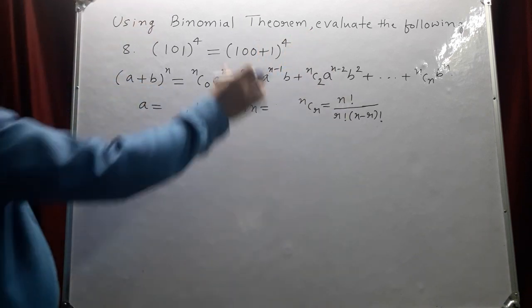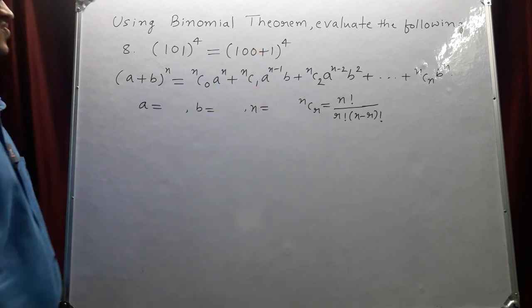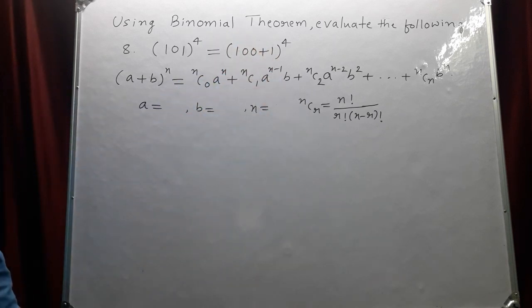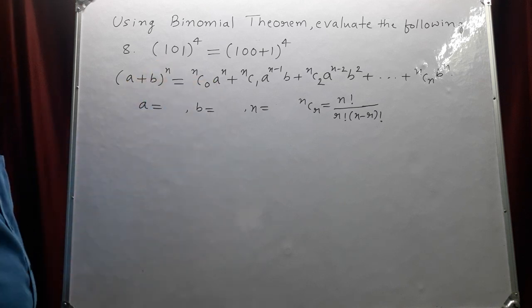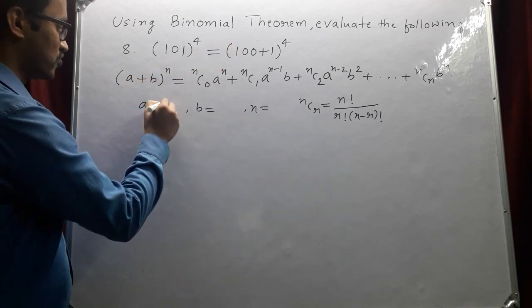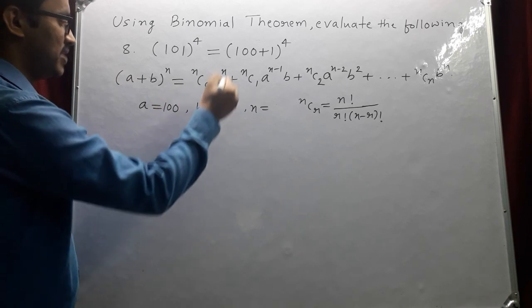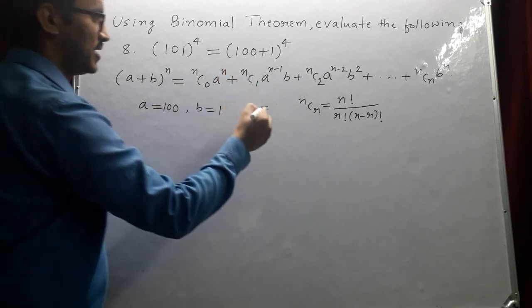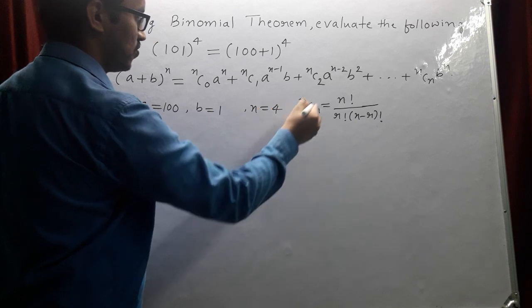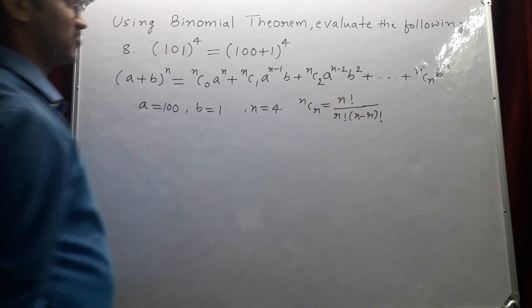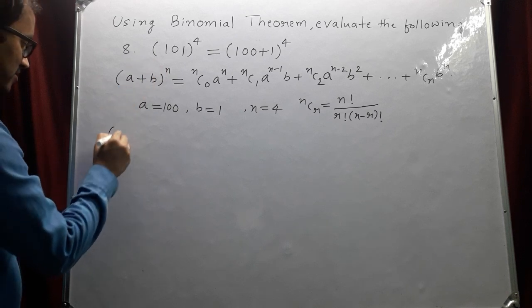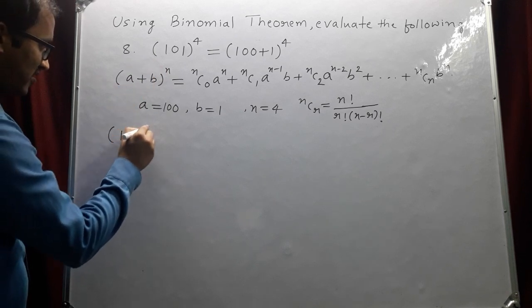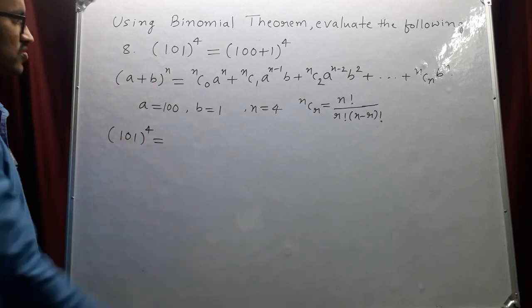Now we are going to expand this by using the binomial theorem, (a plus b) power n, by taking a equal to 100, b equal to 1 and n equal to 4. This is the formula to find nCr. Now if we expand 101 power 4, what we will get here?